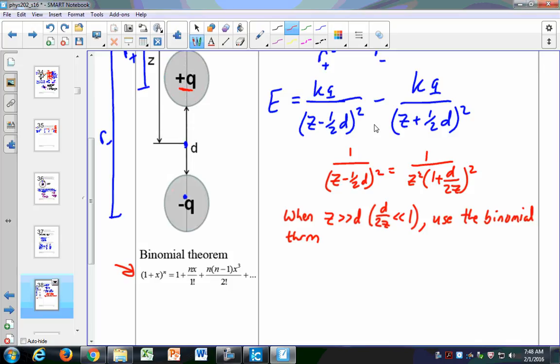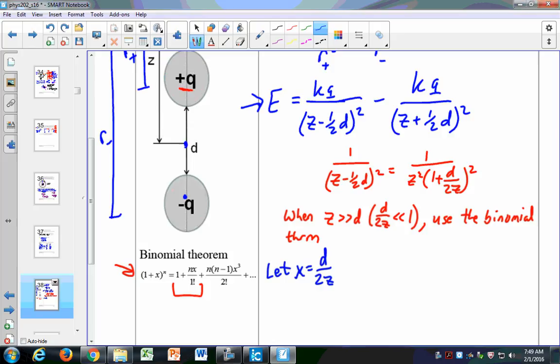We'll just use these two terms, the 1 plus nx over 1 factorial, and we're going to let x equal d over 2z. And when I do that, my expression up here now becomes something that looks like this.